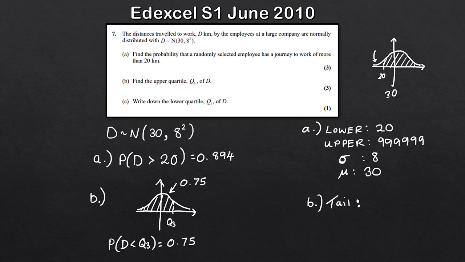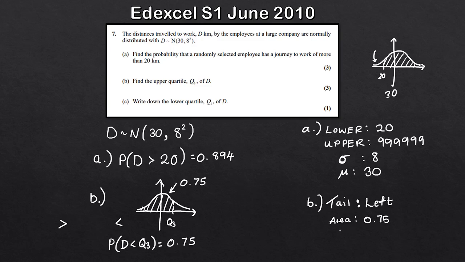Because the inequality here is pointing to the left, it's a very basic way to think about it, that means the tail is left. If the inequality was the other way around, pointing this way, then the tail would be right. The area that we're looking to find is what's given as our probability, in this case 0.75, so we put 0.75 there.